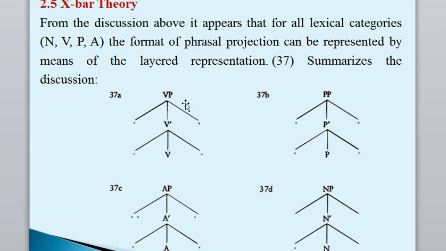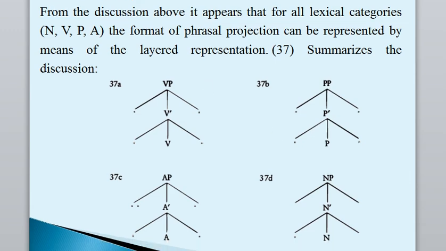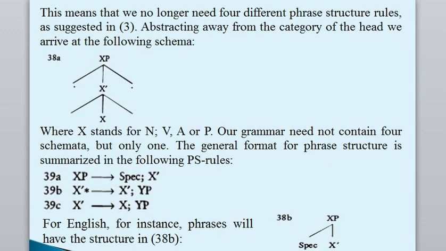So we draw two lines in each node. We call this X-bar theory. By this X, I mean any category like noun, verb, preposition, or adjective. So we can show it with this diagram.